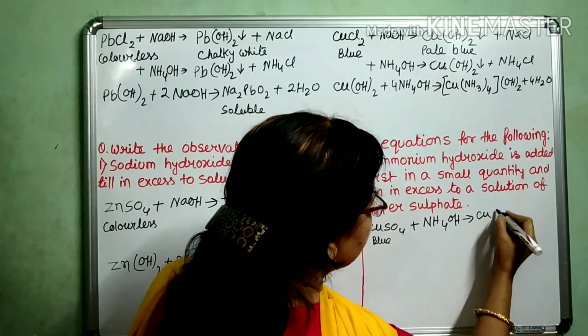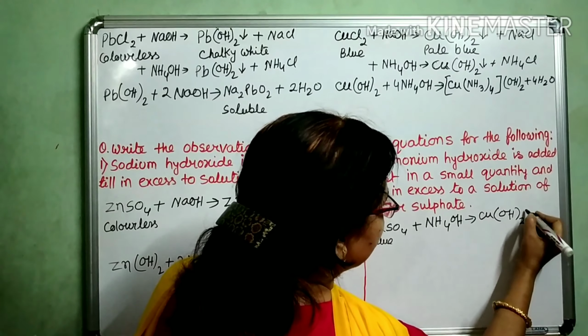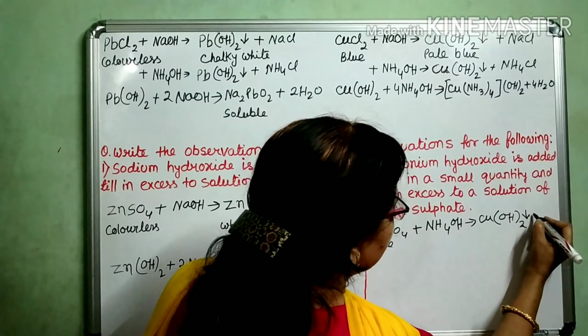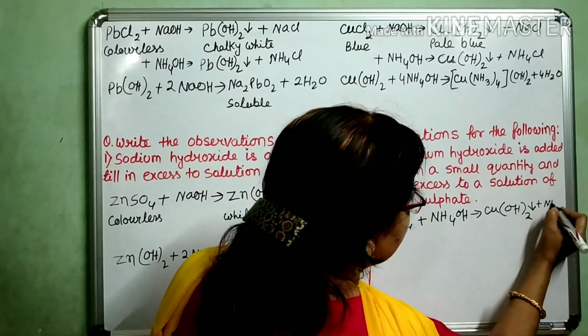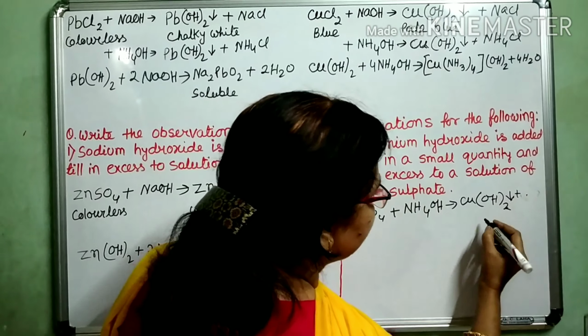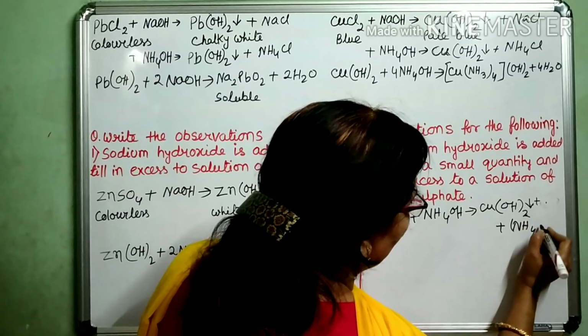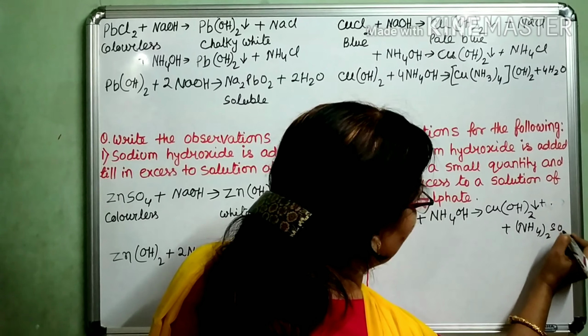Then copper hydroxide, an insoluble precipitate, plus (NH4)2SO4 is formed.